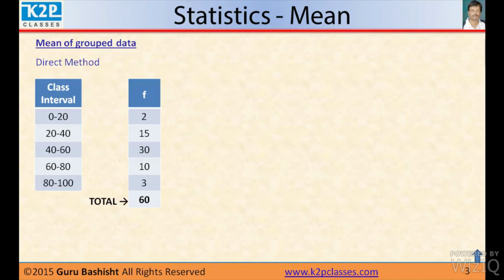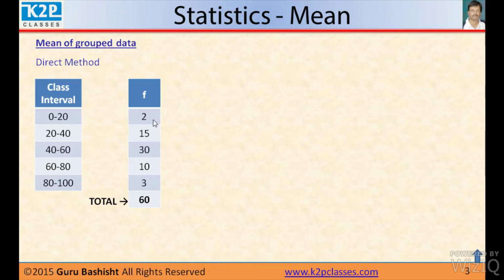So what is group data? Suppose in your class there are 60 students, and the marks of all the 60 students are given. So you can write down all the 60 students' marks. Then you can find how many students have got marks between 0 and 20.